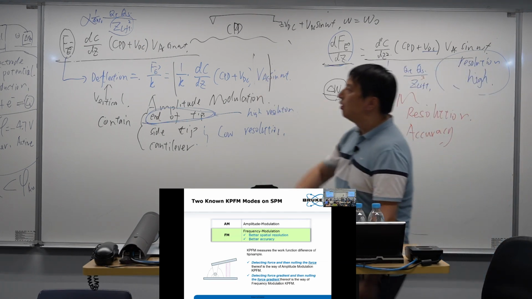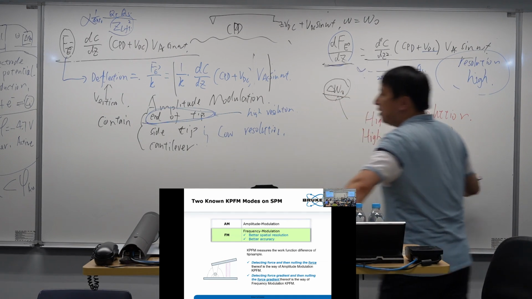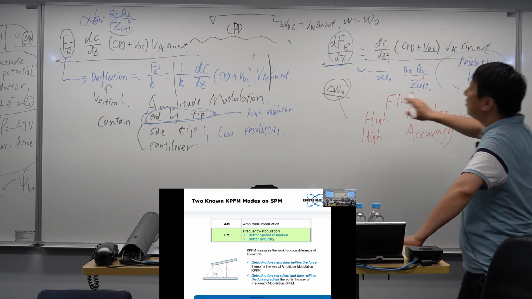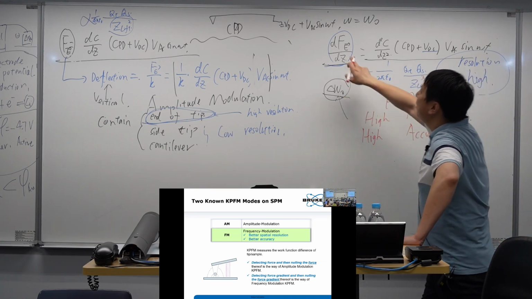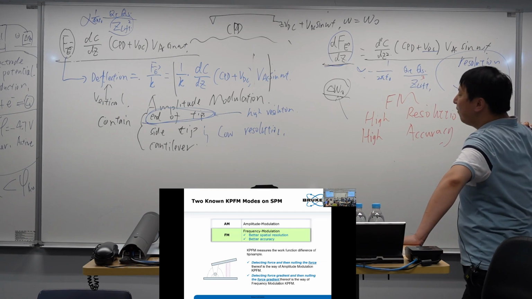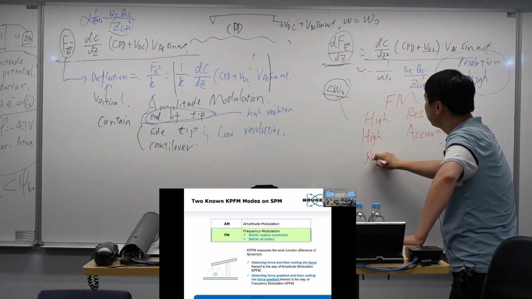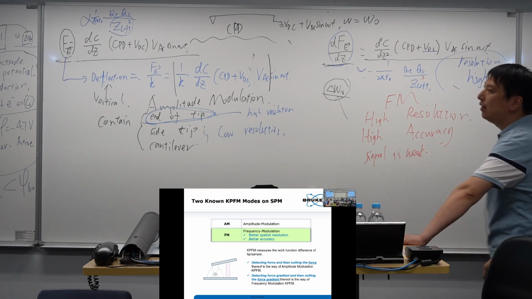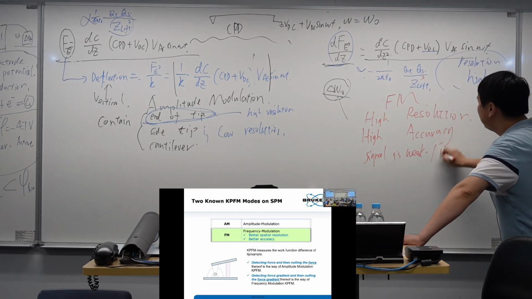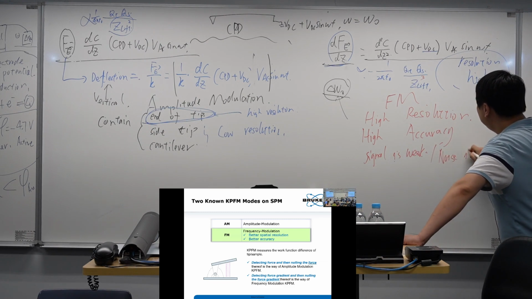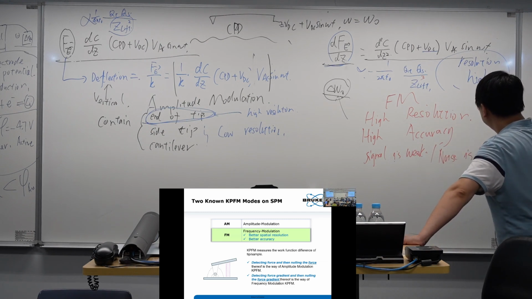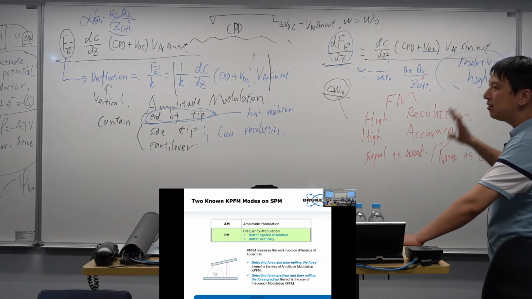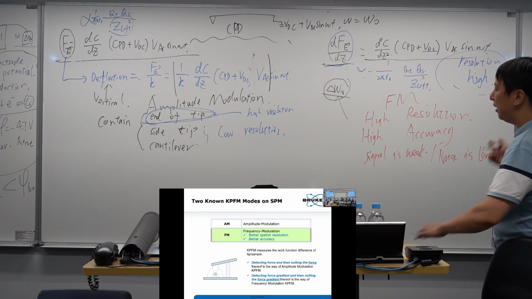But it also has a disadvantage: because it's detecting the frequency shift, it's detecting the force gradient, the signal is low. The signal is weak, or in other words, the noise is large. So you may find the FM results are not that smooth, they're kind of noisy.